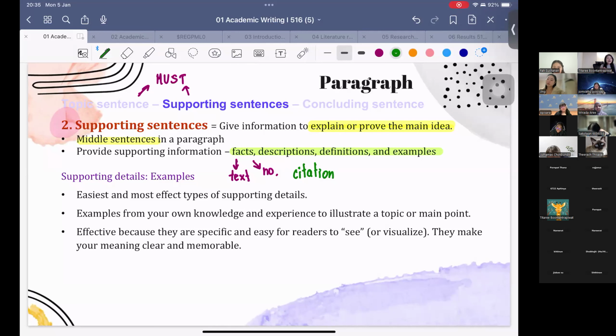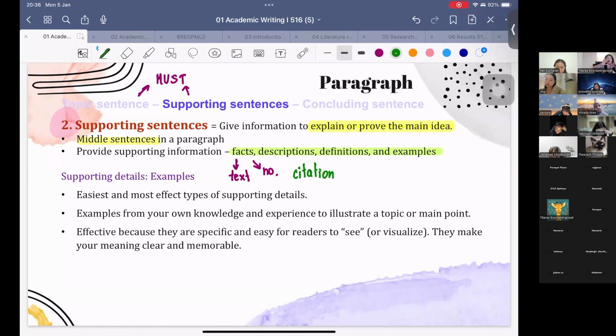In the supporting sentence, many people actually include examples. However, it's also okay not to include examples if you feel that your explanation is already good. A lot of people would say that having an example gives the reader visuals, comparing this to this thing, so they easily understand your point, your argument. However, sometimes when you provide the explanations, you already integrate the examples in them.